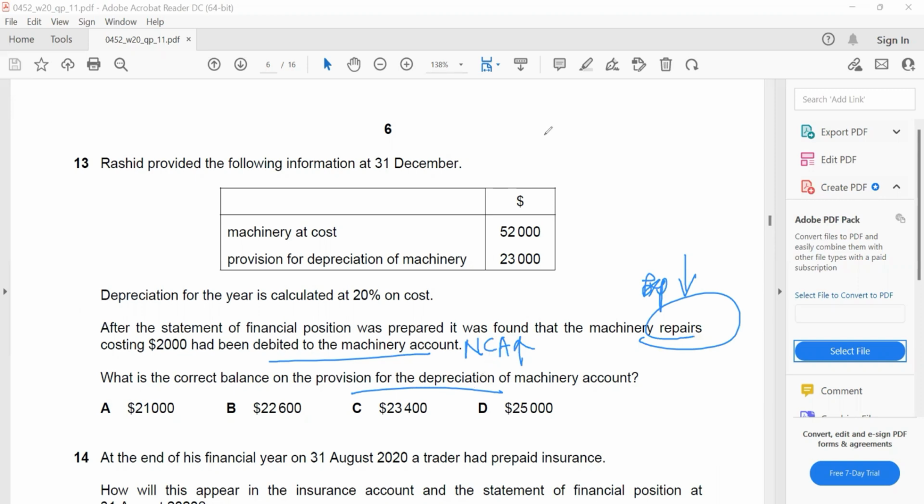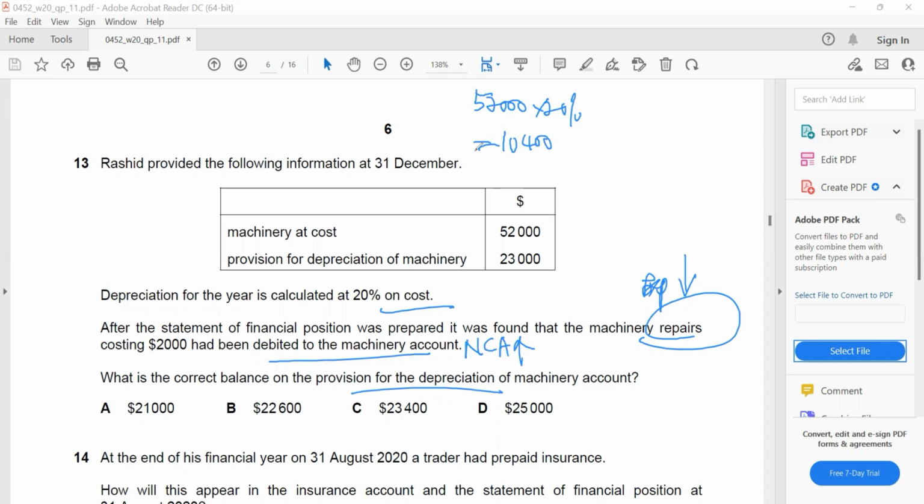Okay, what is the correct balance on the provision for depreciation account? So let's calculate. Starting, I take 52,000 on cost, times 20%. So I get this amount.